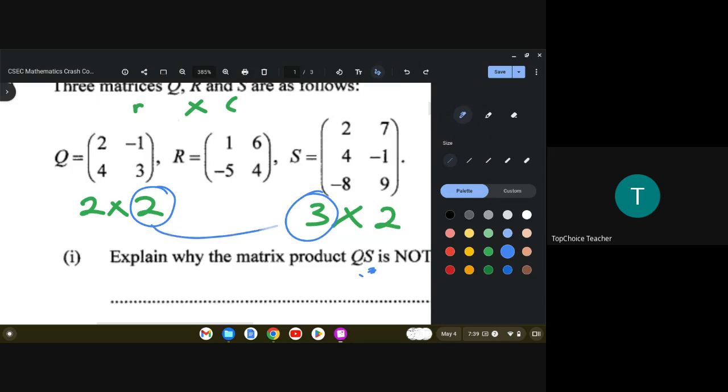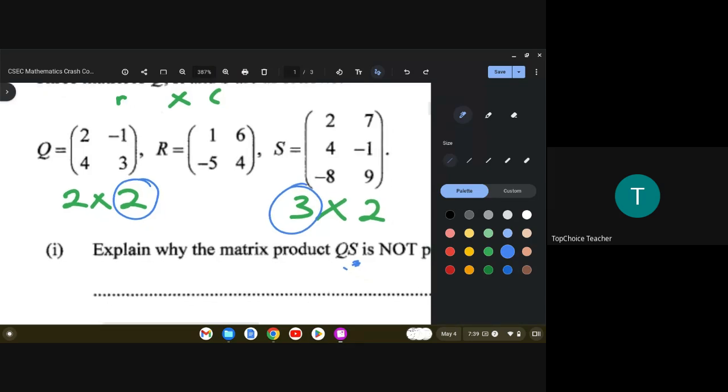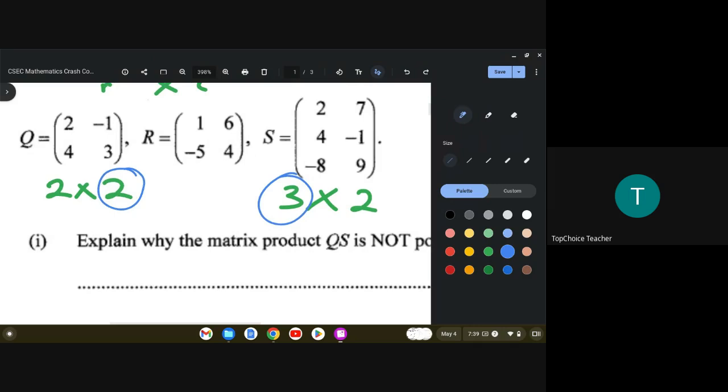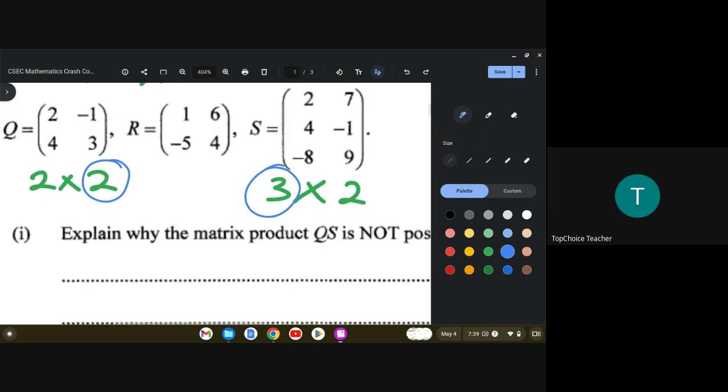You look at these two numbers, and these numbers must be the same so that you can multiply the two matrices together. Because these numbers are not the same, you cannot multiply them.